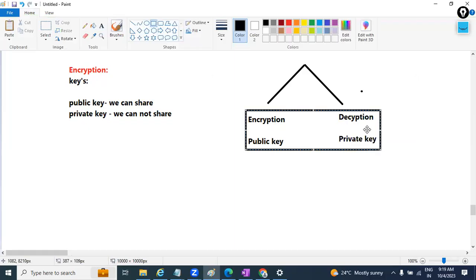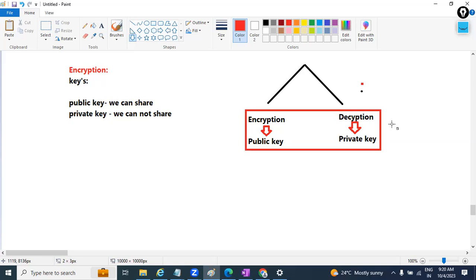This is the concept. Encryption always with what? Public, and decryption always with the private. Okay. Public keys are shareable, which we can share. Private keys we cannot share.